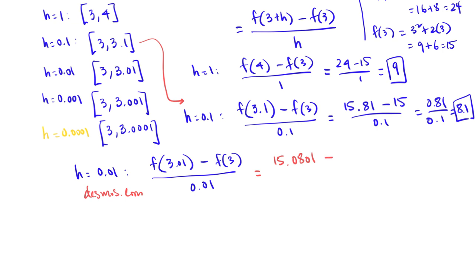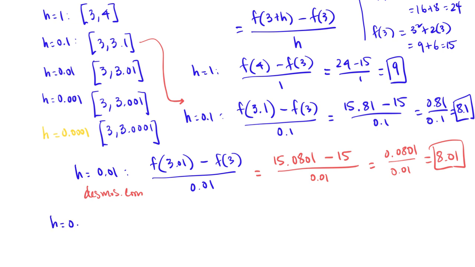And remember that f of 3 is still 15, as we computed earlier, over 0.01. This is 0.0801 divided by 0.01, or 8.01, which is the rate of change over this smaller interval.